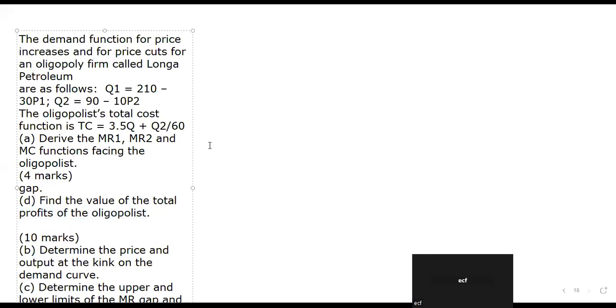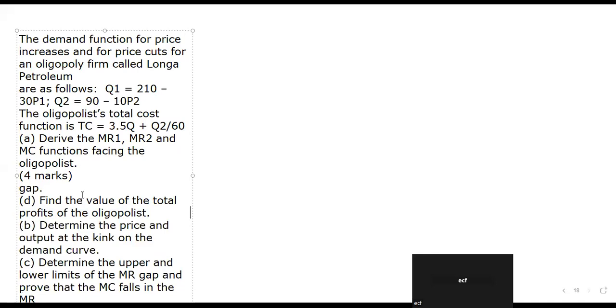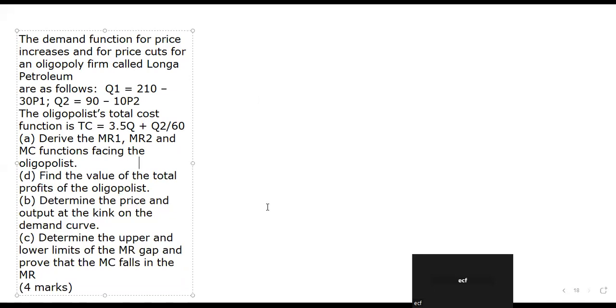So we have two firms, a duopoly. We have been given firm 1, which has the equation Q1 is equal to 210 minus 30 P1. So whatever I do to firm 1 is what you do to firm 2 as well.